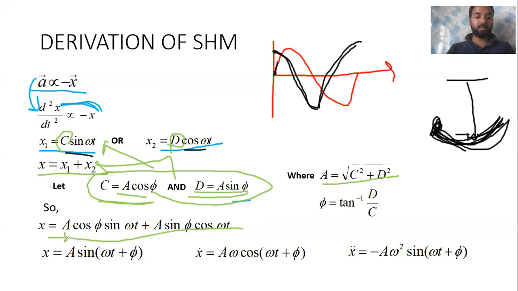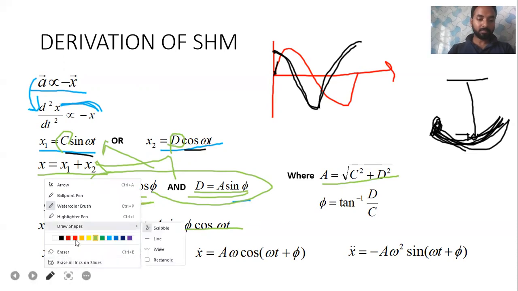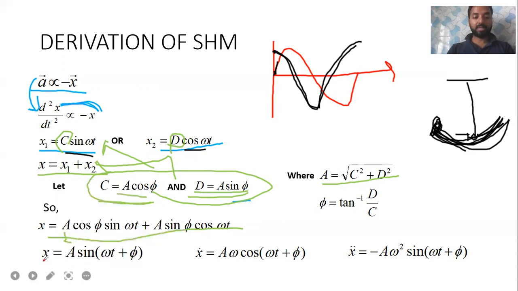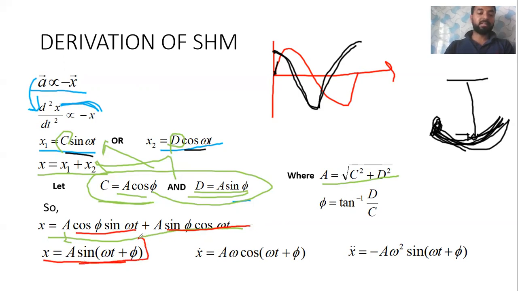A can be taken common, and x becomes a times cos phi sin omega t plus sin phi cos omega t. So what is sin a cos b plus cos a sin b? Yes, that is sin a plus b. So x is equal to a sin omega t plus phi. This is your general equation of SHM.